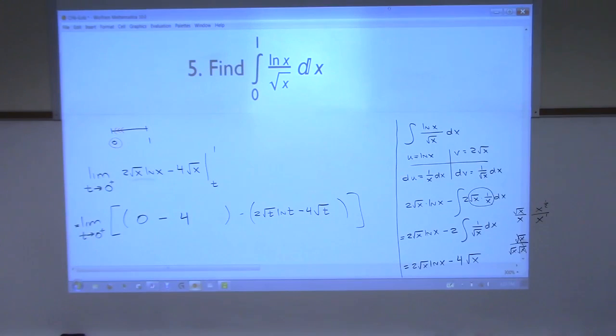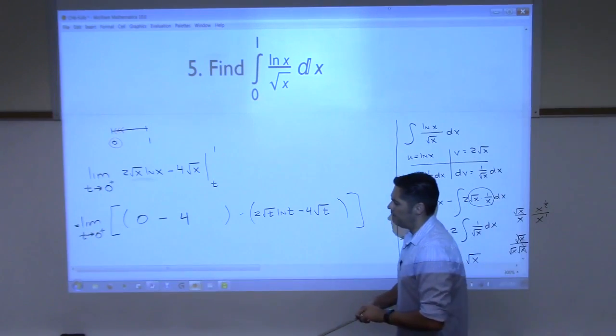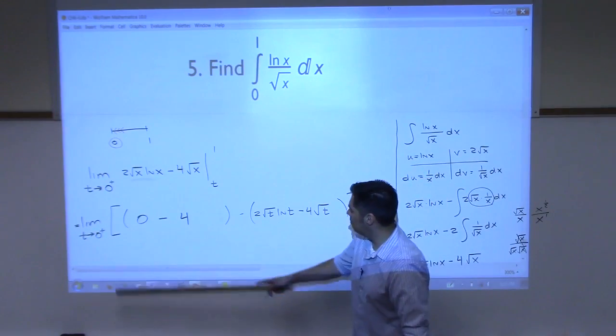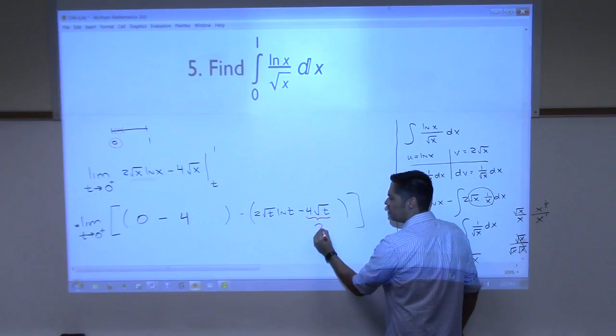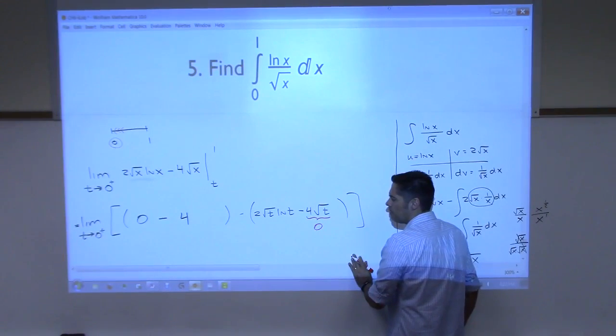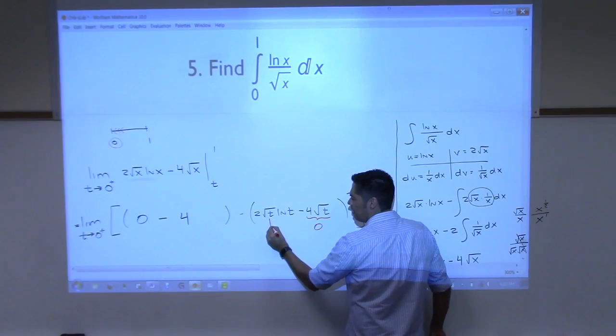This is the part that requires a little bit of work. Because if you let t go to 0, let's take care of the easy part first. This piece goes to 0, right? The 2, just ignore it for now. This piece right here goes to 0.